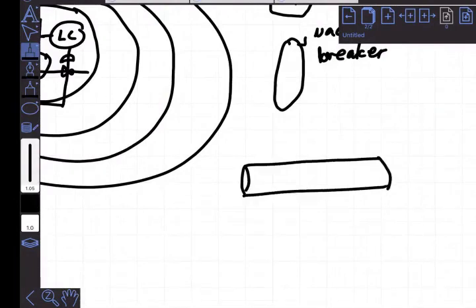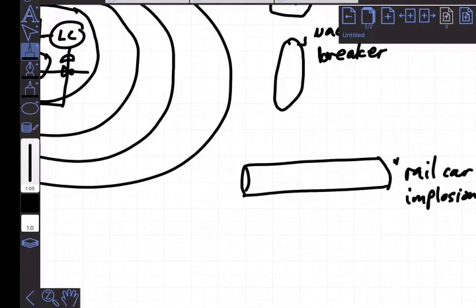There's some really nice video of a rail car imploding. So if you Google that, you will find a video of a rail car. So these are like these large scale liquid conveyors.